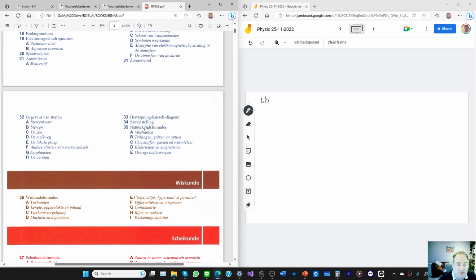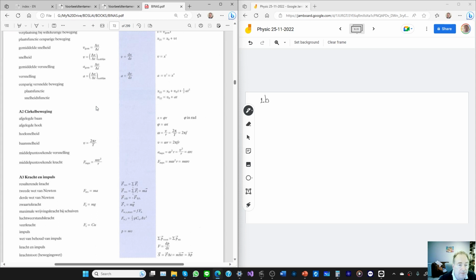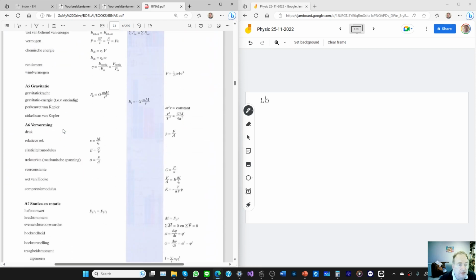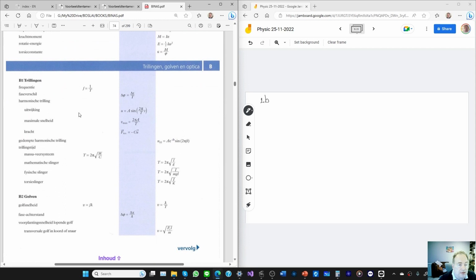Let's go to the section of physics formulas. Here it's under veerkracht, so spring is veer in Dutch. And oh wait, no, this is not actually it. We need to look at oscillations, frequency. Okay, here a mass spring system. So this is the equation we need to use here.